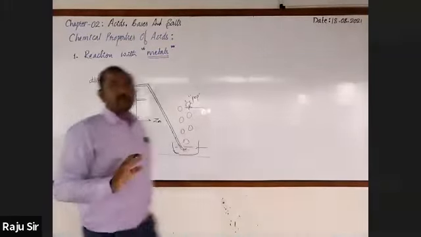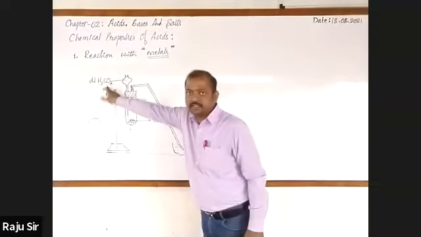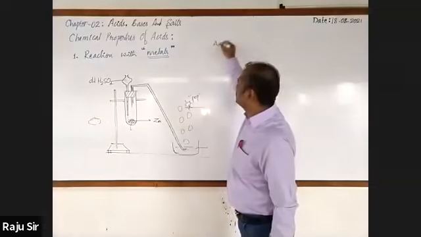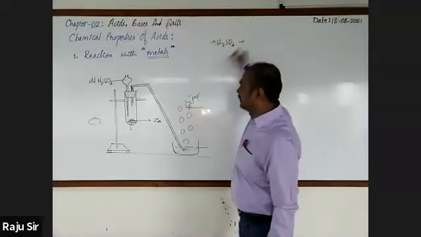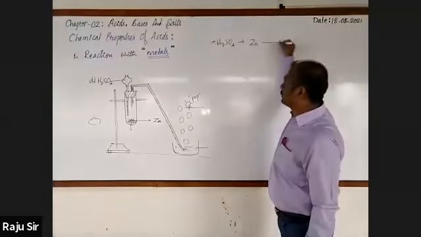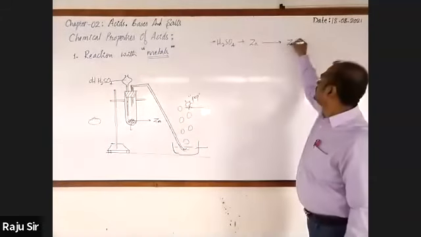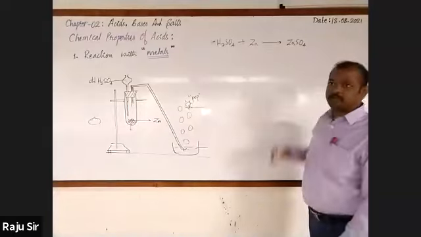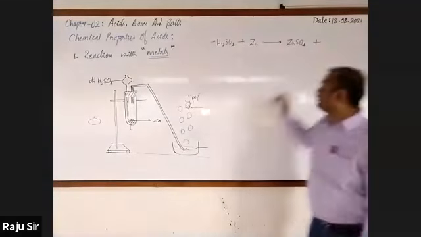So from this activity, we come to know that an acid, that is H2SO4, reacts with the metal called zinc to produce the salt called zinc sulfate with the liberation of hydrogen gas.